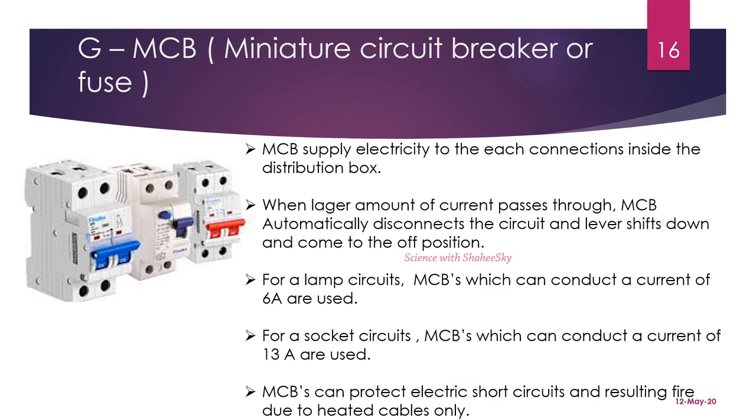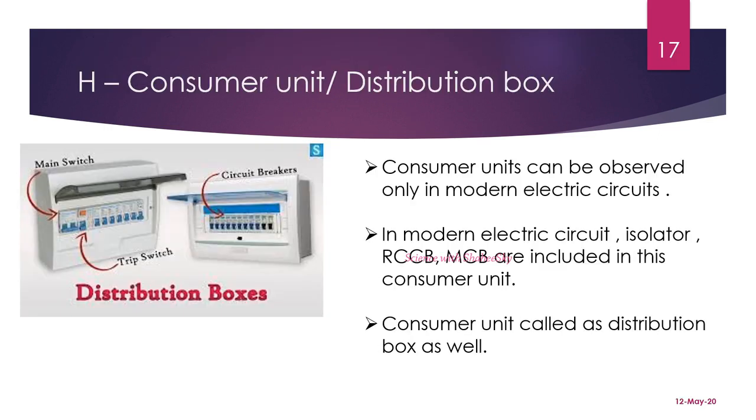After that, the consumer unit or distribution unit. These consumer units or distribution units can only be found nowadays in our country. Earlier, the MCB, isolator and RCCB were all separated in the household electric circuit. Nowadays, we can observe these in one pack as a distribution box.